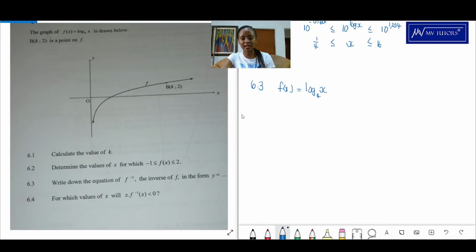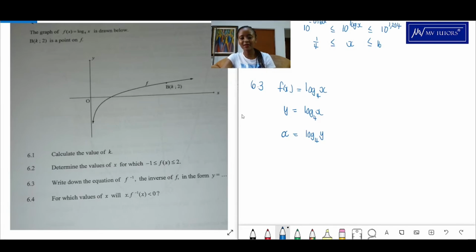So I'm just going to say y is equal to log 4x. Now we're looking for the inverse. When we're looking for the inverse, you're going to swap the x and y values. So now we're going to have x this side, and it's going to be log 4y. And now we need to write this equation in terms of y.